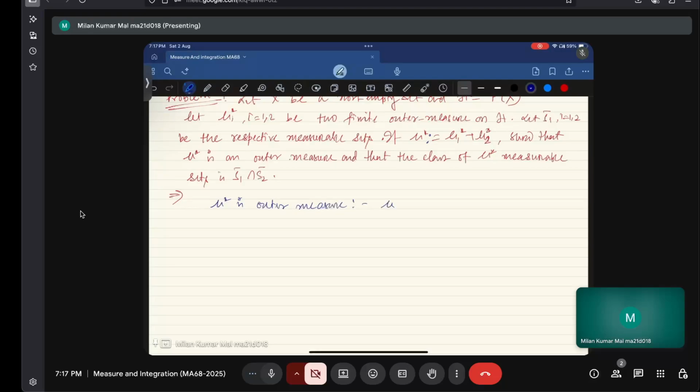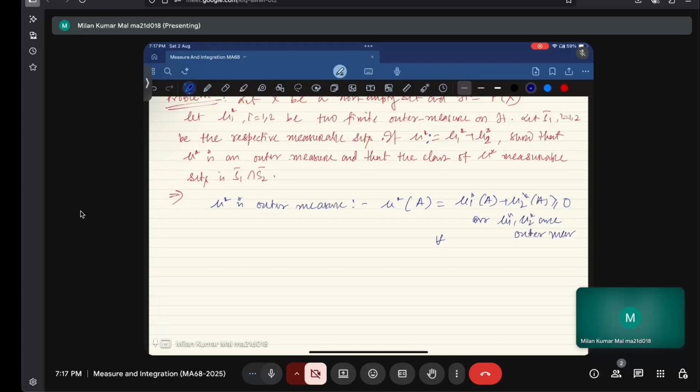First of all, mu star of a set A equals mu1 star A plus mu2 star A, which is greater than or equal to 0, as mu1 star and mu2 star are outer measures.